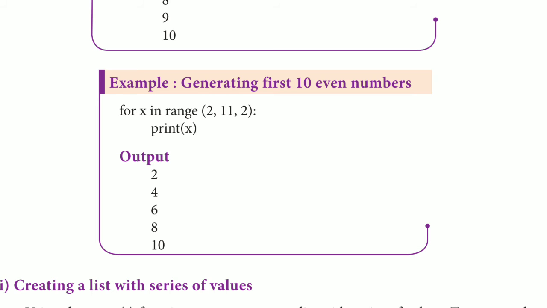For every 2 steps the value will be printed, so this is how you get the even numbers. If you give 100 in place of 11, then it will print from 2 to 98. 98 is the last even number, and 100 will not be included.